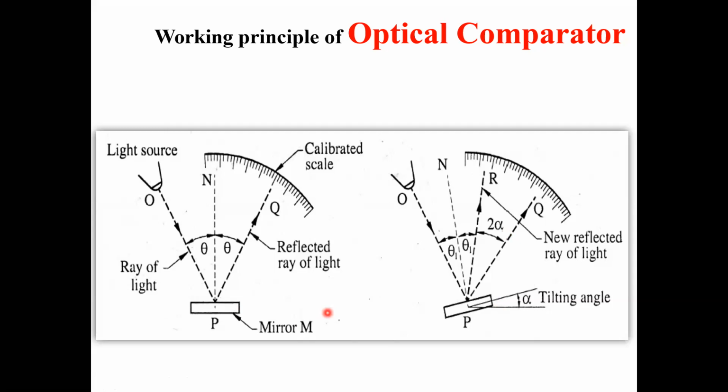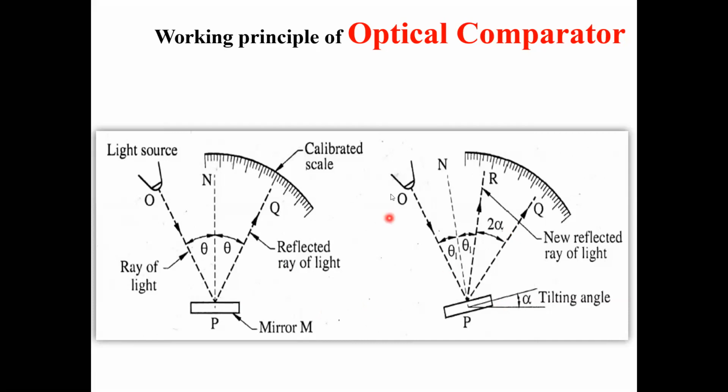If the plane mirror is perpendicular to the ray, you will get the same path. Otherwise, if the mirror is tilted, you will get 2 alpha, twice the angle of tilt. This is the working principle of the optical comparator.